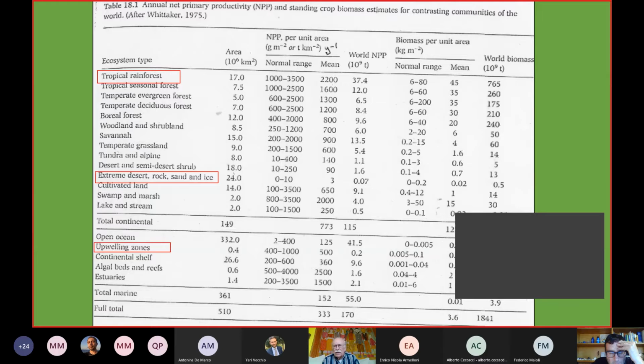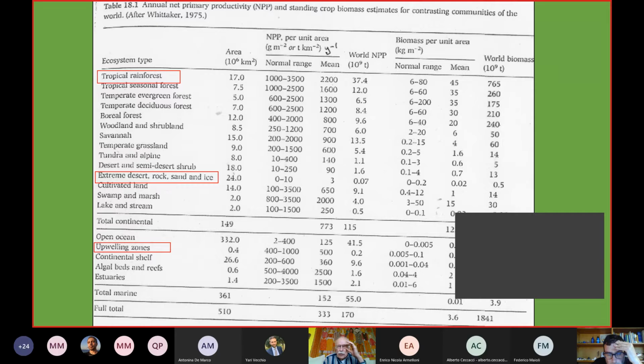Now you can see the amount of biomass, and you see the range, in kilograms per square meter, which equals tons per square kilometer. And then you can see the global contribution.